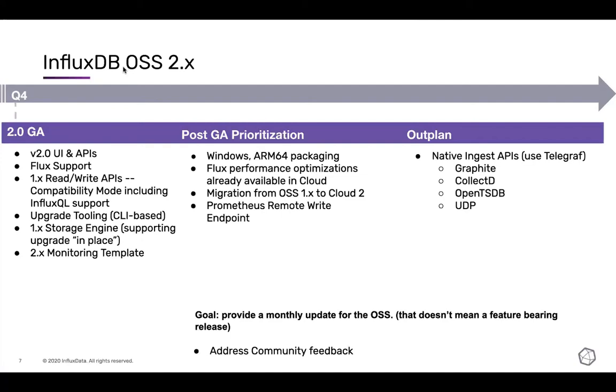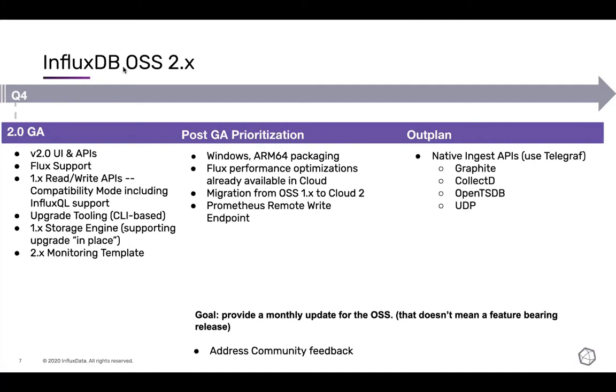And then last but not least, I know some of you are using the Prometheus remote write endpoint, and if you are, we'll look at prioritizing that post-GA as well. Now, associated with the Prometheus remote write endpoint, there are a number of other native ingestion APIs that exist, and this is documented under the supported protocols section of our documentation.